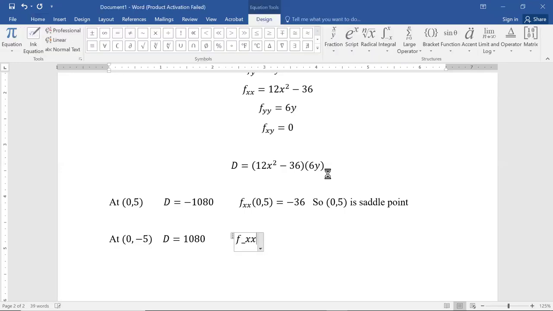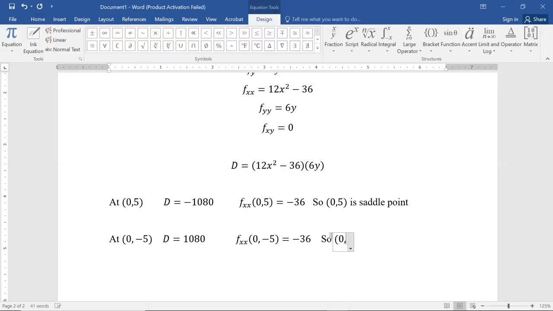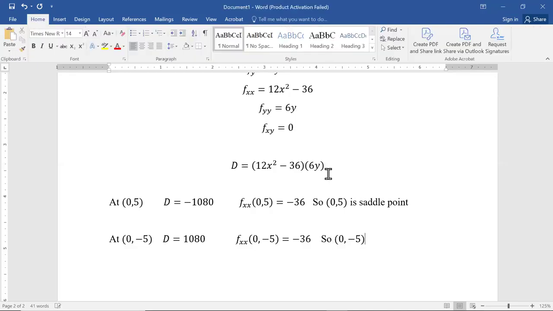And f sub xx at the point (0, -5) is going to be -36. So d is positive, but f sub xx is negative. Think concave down, so we're getting a relative maximum. So (0, -5) gives a relative maximum. Hopefully that makes sense.